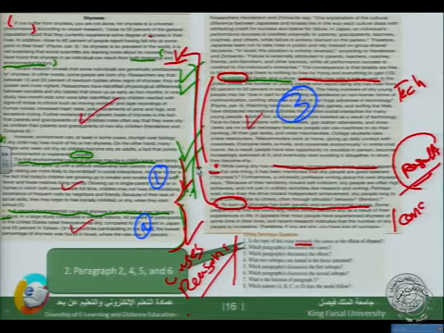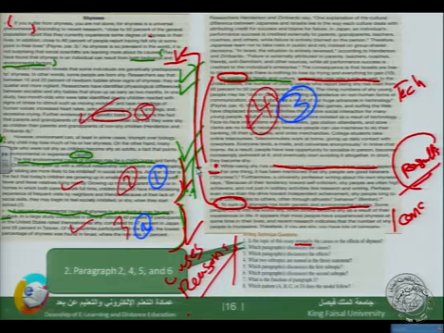So 2, 4, 5, and 6 actually discuss the causes. Here it talks about the genetic basis or the biological cause, right? So we're talking about 1, 2, 3, and 4 causes. We have biological, environmental, culture, and then family. After that, the technology.